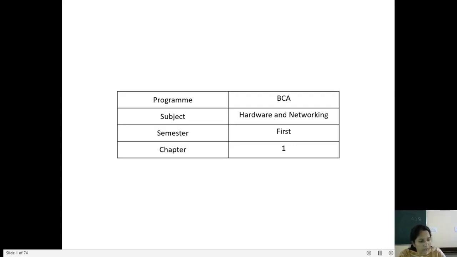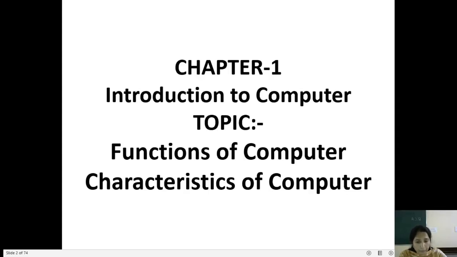And along with that, you also get a brief introduction about types of software, operating system, user interface, utility programs, as well as number system. This is what I just told you.